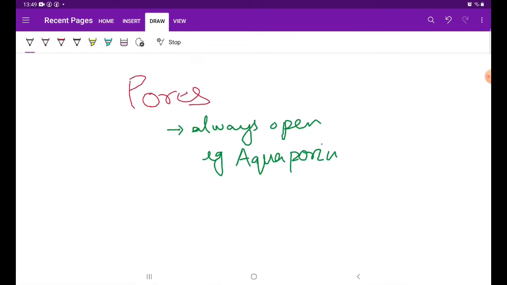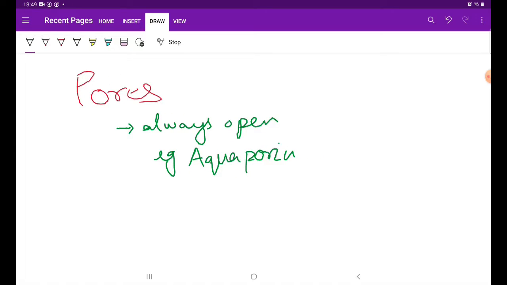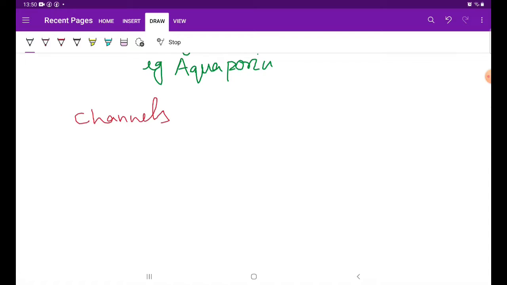Now the next type of protein is channels. In channels there are 2 types. The basic property of a channel is to carry out simple diffusion of water.